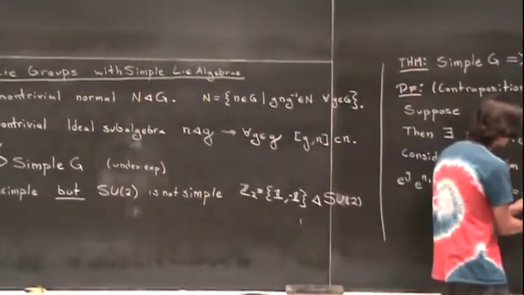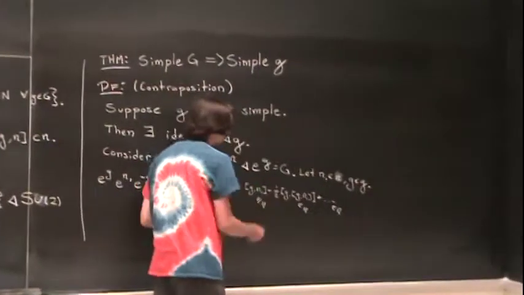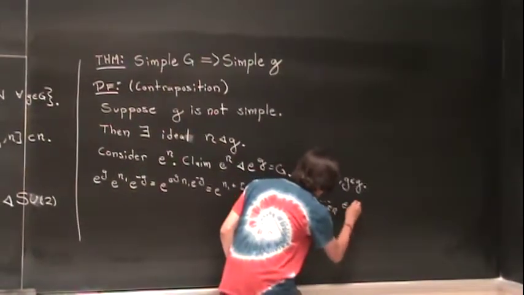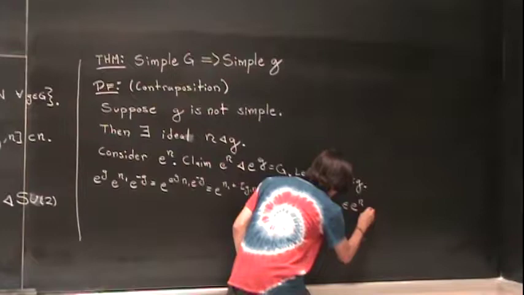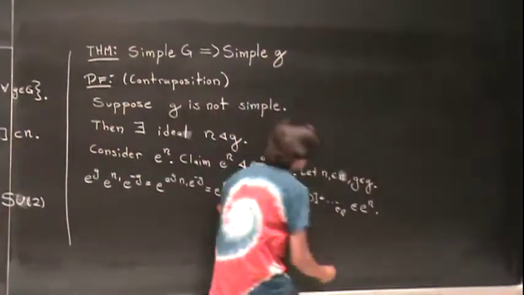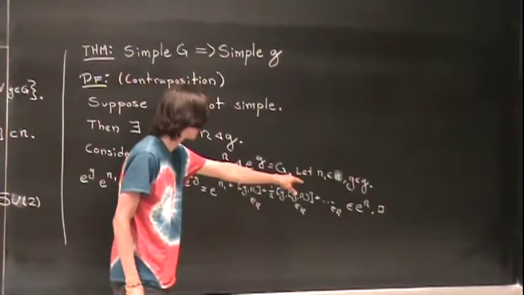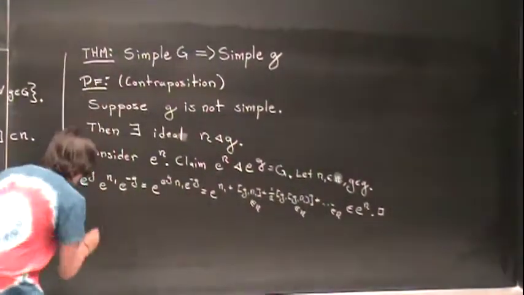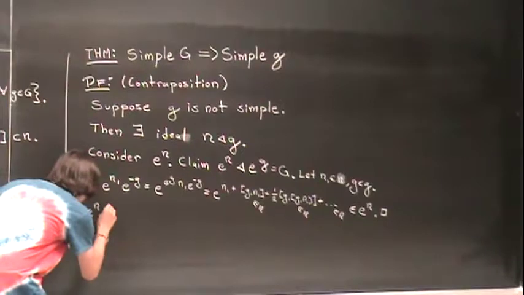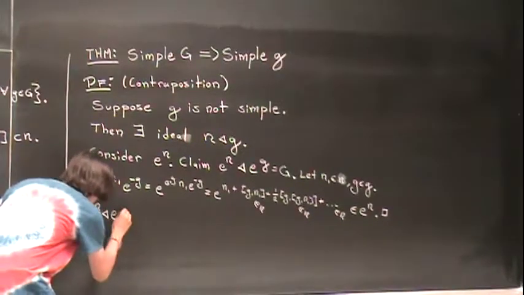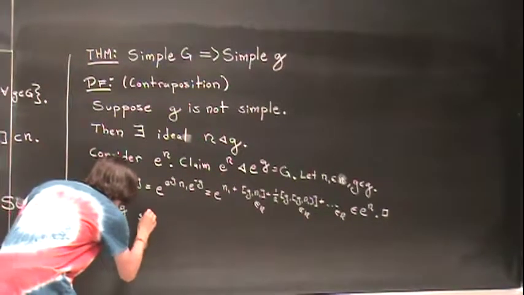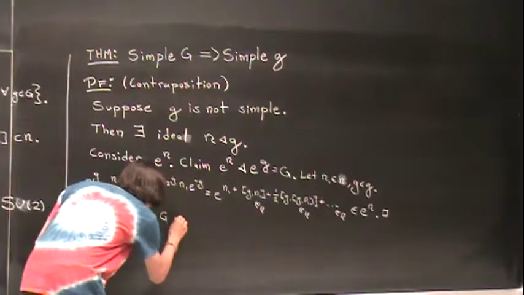And so this whole thing is contained in e to the little n. And there we are. That's it. Thus, we know that e to the little n is a normal subgroup of e to the g. So big G is not simple.